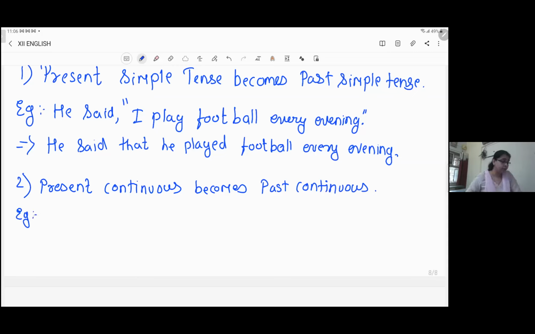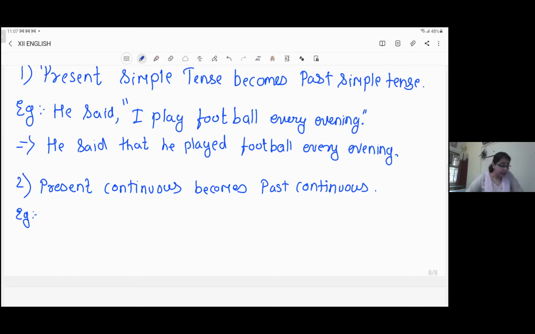He said, the same sentence I'm taking, so you will see the difference in how present simple converts to past simple, present continuous to past continuous, present perfect to past perfect. You are going to see the same sentence converting into different tenses, from direct to indirect.